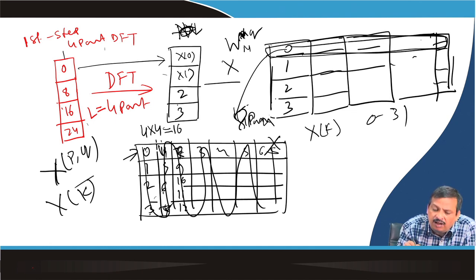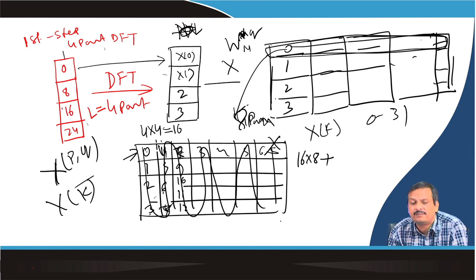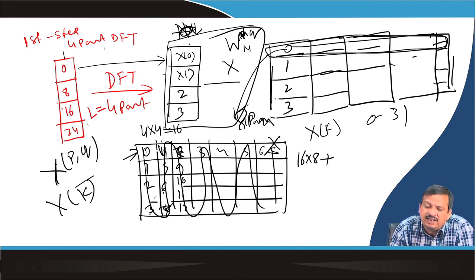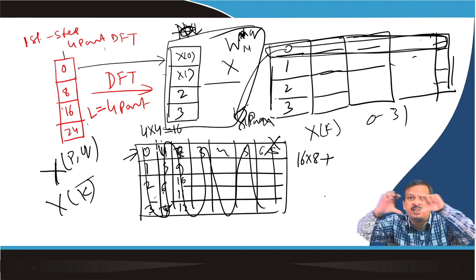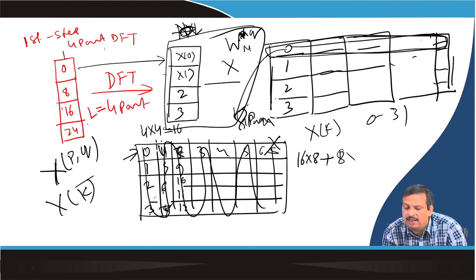For each column I require 16 multiplications. So for 8 columns I require 16 into 8, plus I require L into M multiplications here also. Once I get that matrix, I require L into M multiplications. So what is my M? M is 8 and L is 4.